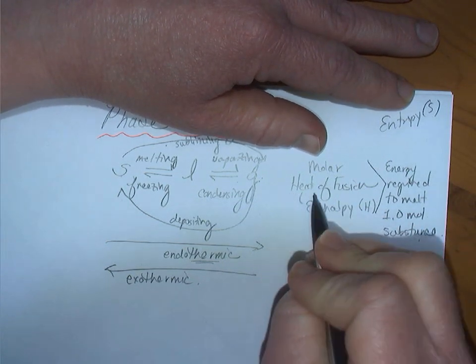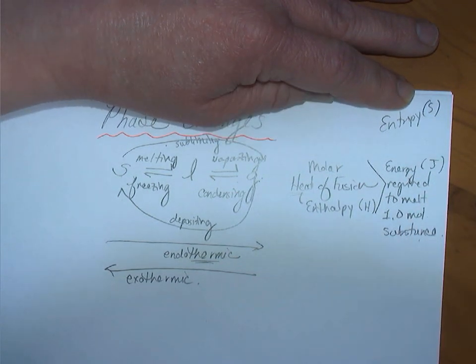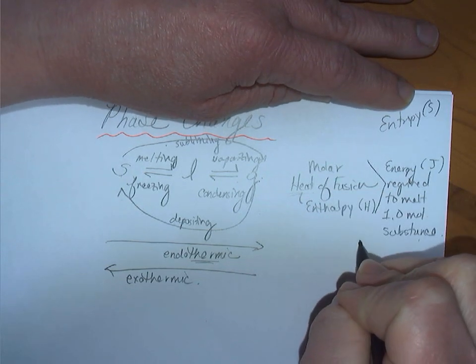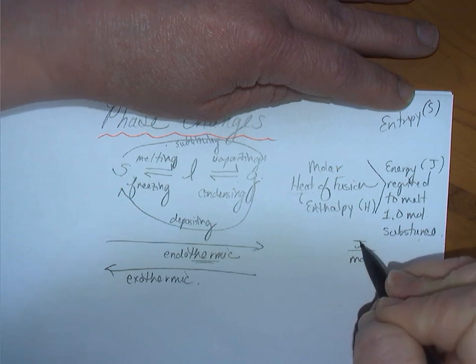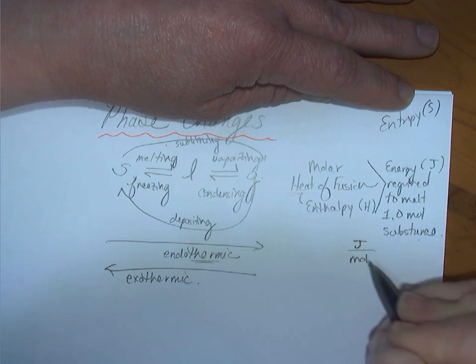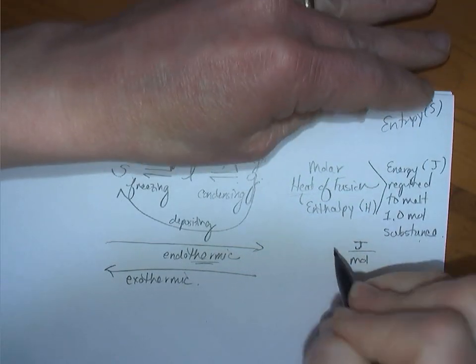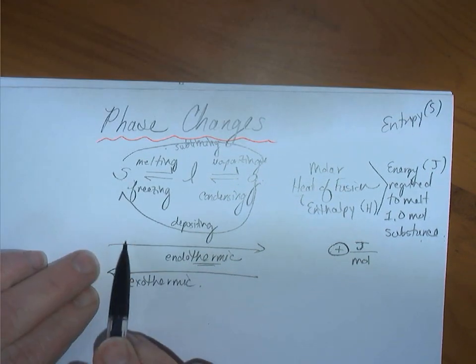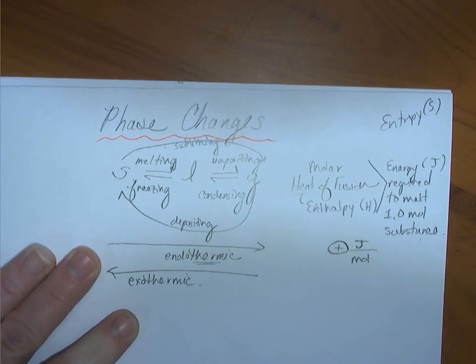Remember, heat, a form of energy, will be in joules, possibly kilojoules. So very common units for molar heat of fusion will be joule per mole. Now, remember that whenever heat is being absorbed or being added, it has a positive sign. And to melt, it's endothermic. So these will be positive.